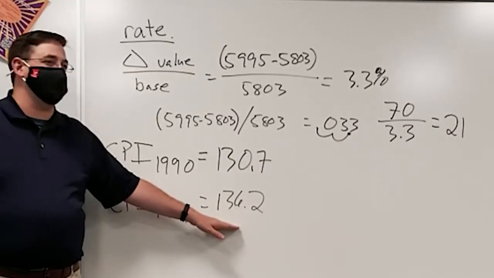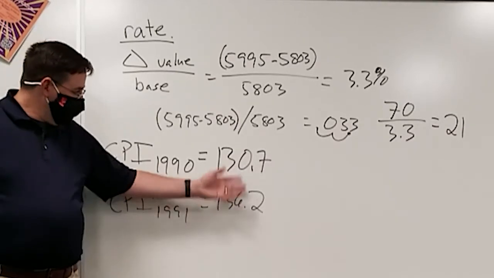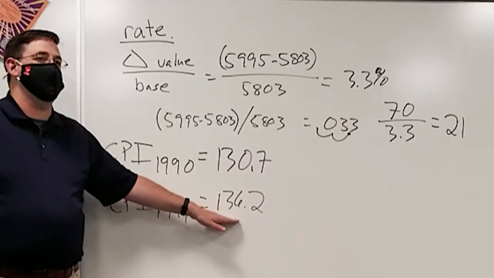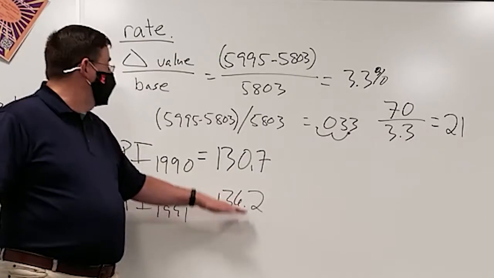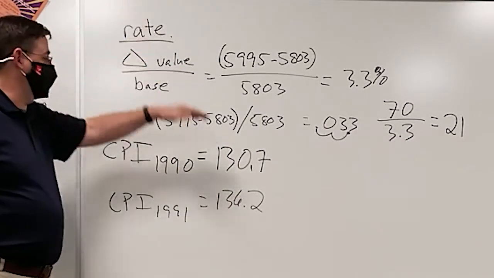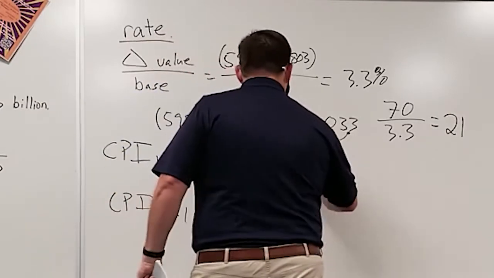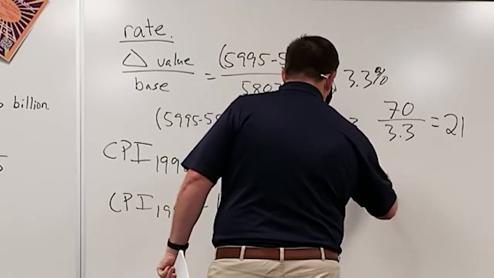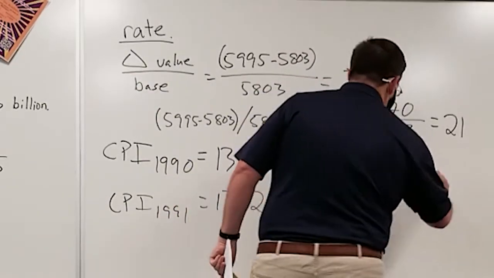Have prices changed a lot or a little? What you used to spend $130 on, now you have to spend $136 on. Can we calculate the inflation rate using these two numbers? Sure. It would be 136.2 minus 130.7, divided by 130.7, and what do you get?